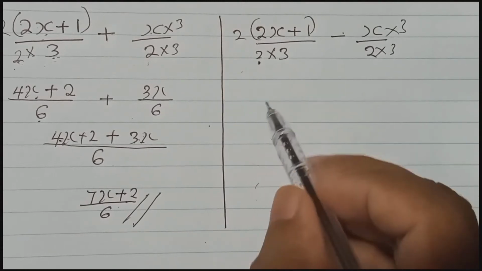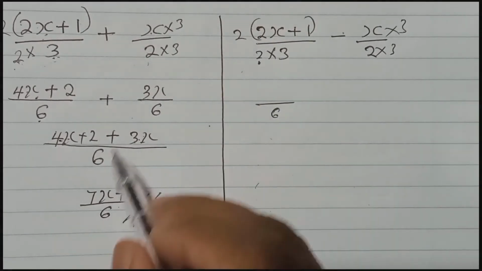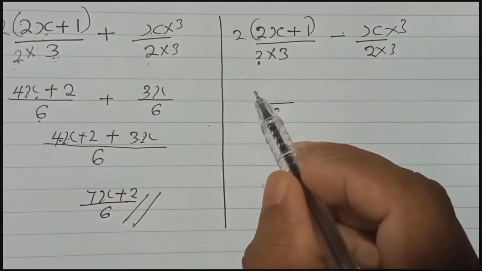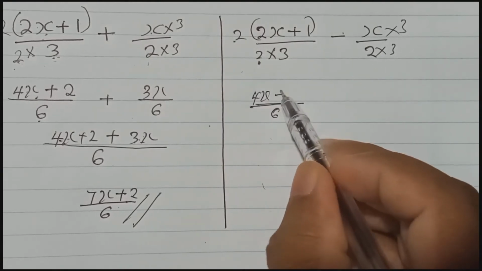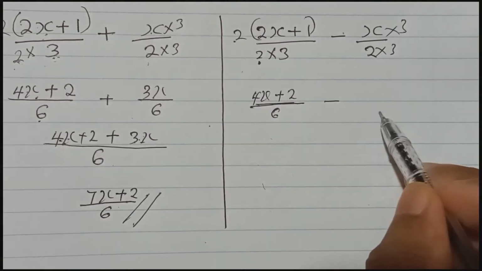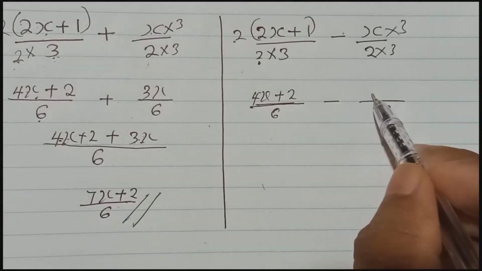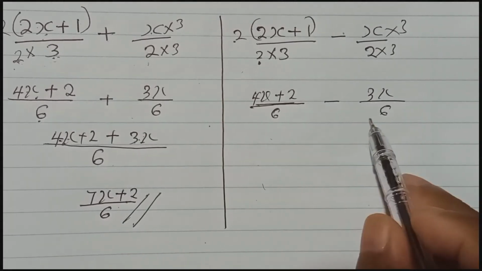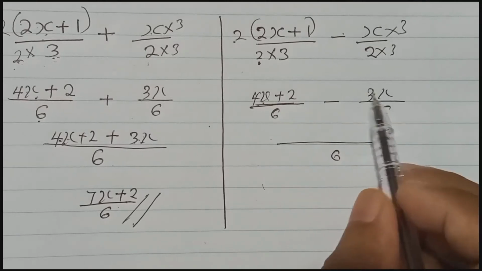Now here 2 into 3 is 6, so actually you don't need to do this step, you can go directly from here to here. 2 into 2x will be 4x, right? And here 2 into plus 1 is just 2, and here 6 again, and here x into 3, or 3 into x, is 3x. Now you can see you have the same denominator, so write only one denominator.